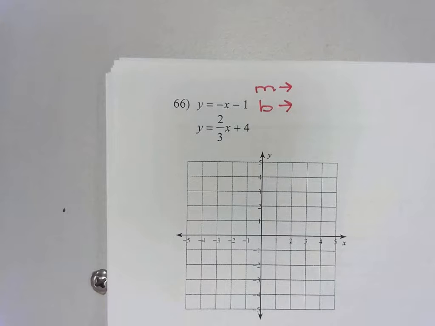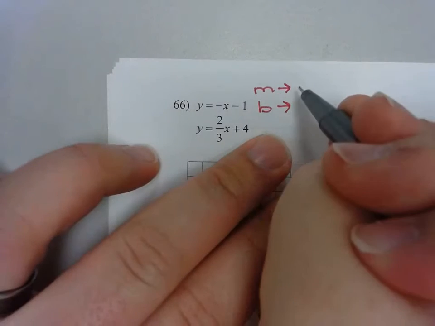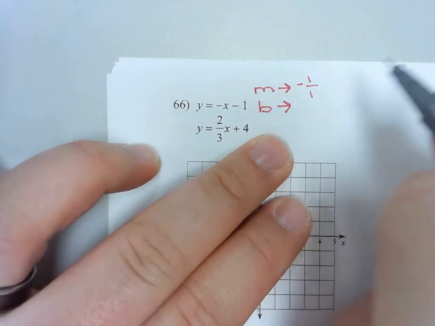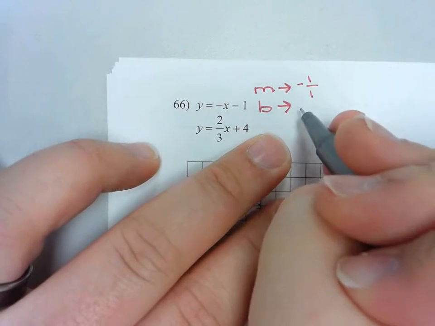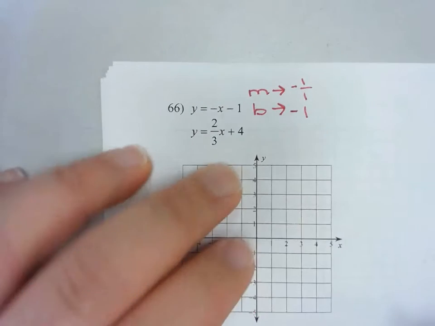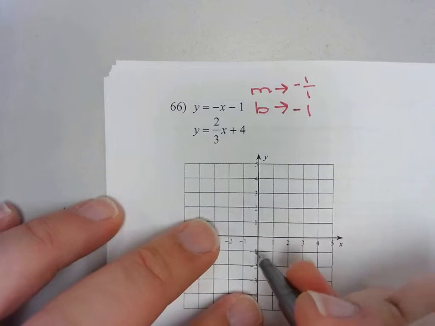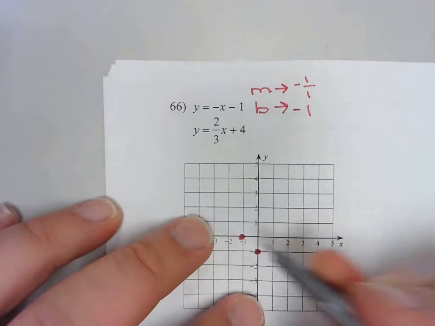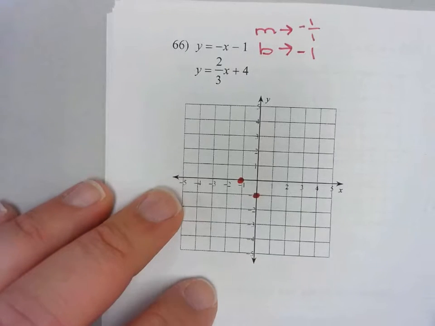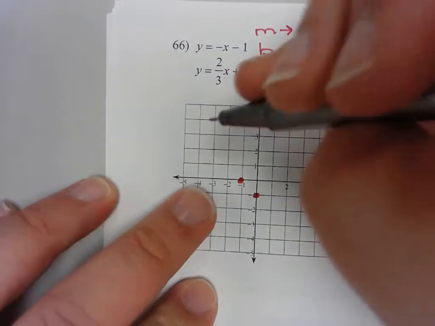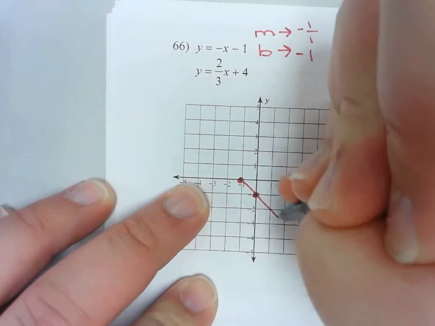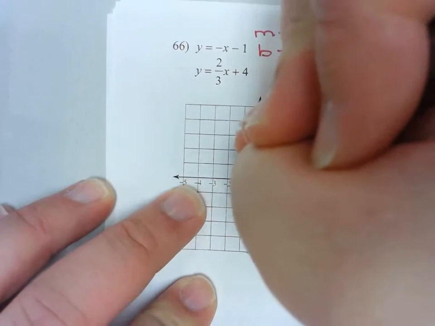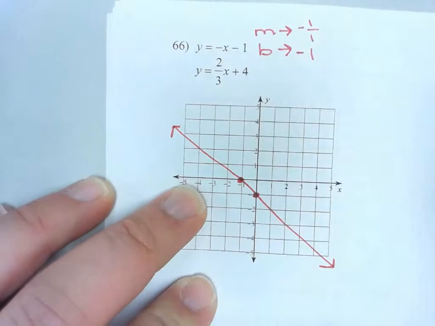My slope is going to be what? -1 or -1/1. My y-intercept is what? Also -1. So I'm going to go down 1 to my y-intercept, and then up 1, left 1. I have to get that negative. So since I go up 1, that is positive. So I have to go left 1, because that is the negative. My line should be going downhill because it has a negative slope.